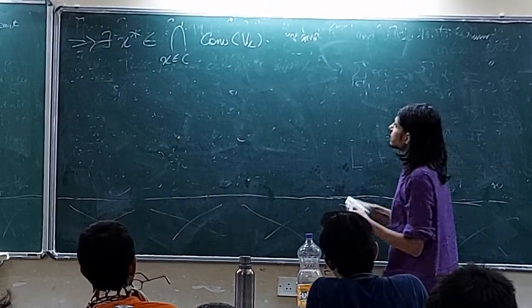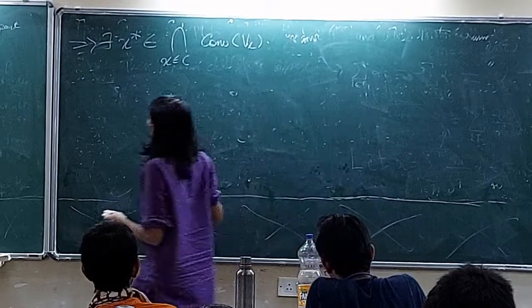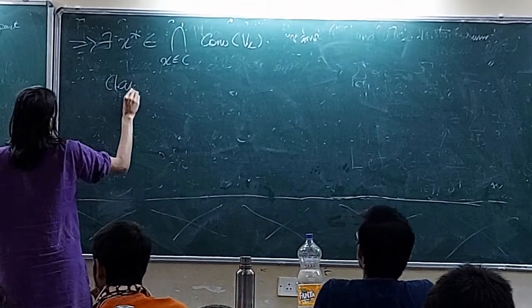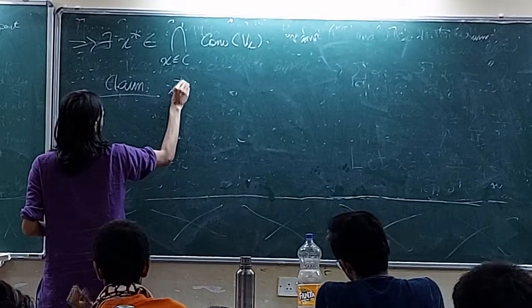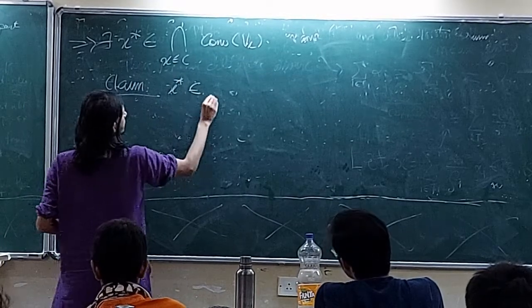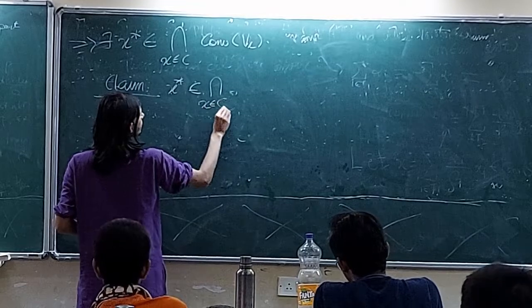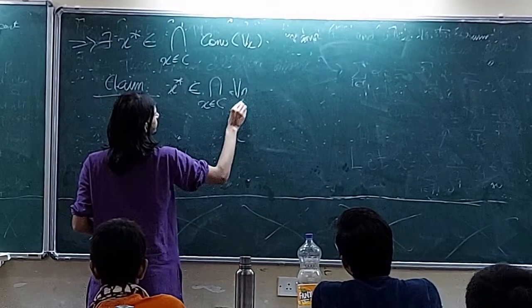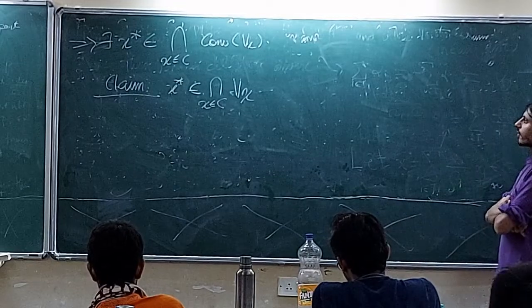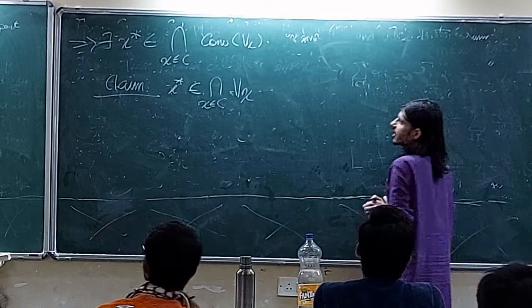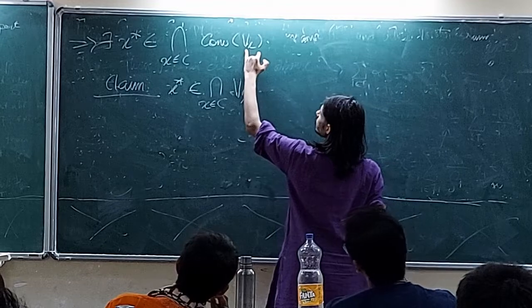So now we make a stronger claim. X star is actually in the intersection over x in C of Vx. So observe these two statements. One says that it's in the convex hull of each of the Vx.